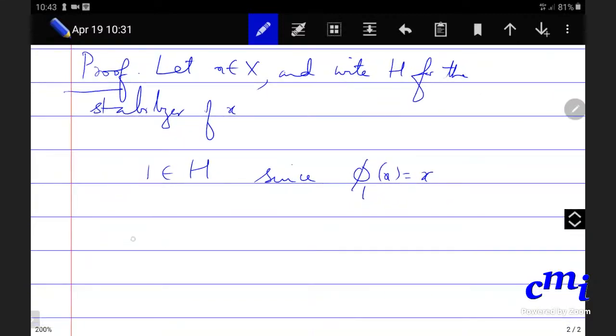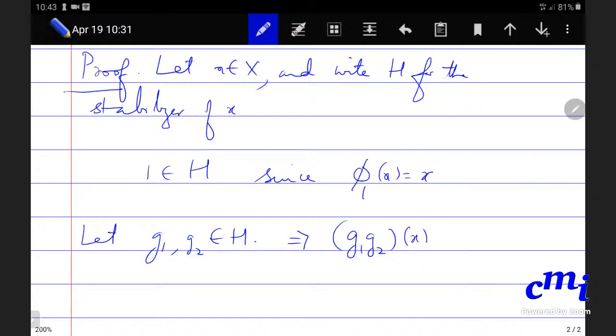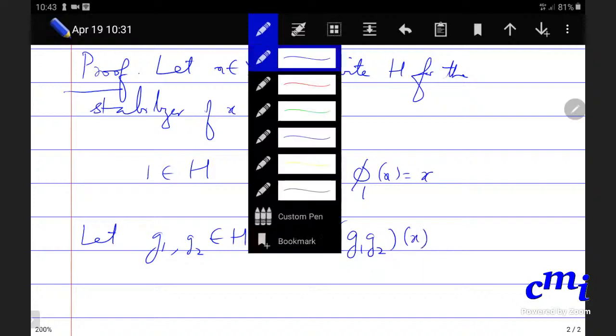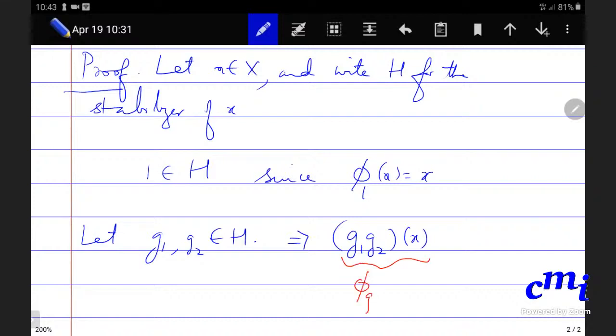Now let g1, g2 belong to H. This implies that g1 g2 of x, so this is just an abbreviation again. Let me just remind you, this is just phi g1 of phi g2 of x.